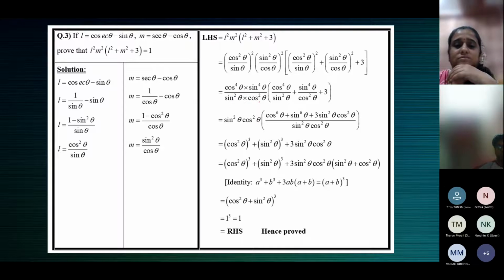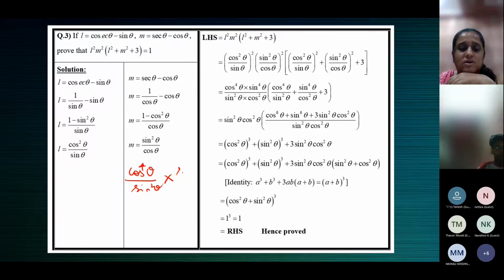Or if you don't want to write it like this, you can even write it like this, children. Cos theta to the power 4 by sine square theta, you can write it like this into sine theta to the power 4 by cos square theta. You can just put one multiplication sign in the middle like this.